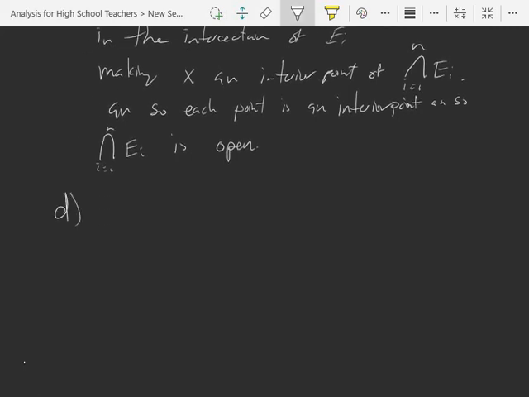And then D, use DeMorgan's laws again, on C. Okay, we'll see some examples next time and do some more topology.